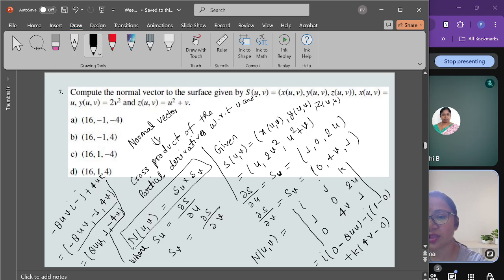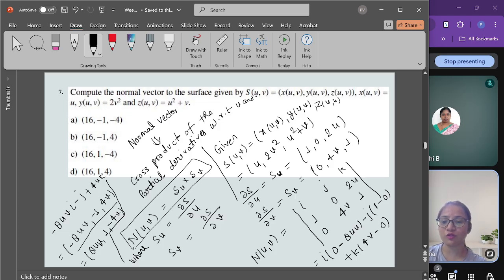Now just take the opposite, multiply with the minus sign. So you will get the first two components positive, and the next one negative. So C is in that form, right? You can do it that way also. We just need to find the correct u and v values.